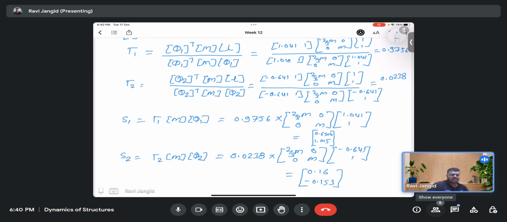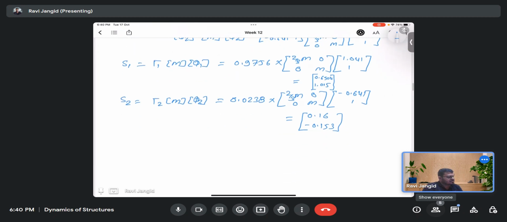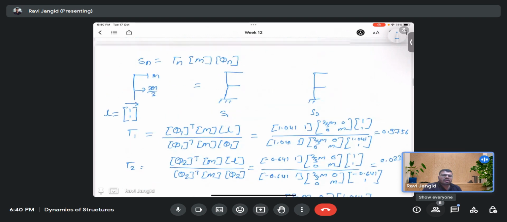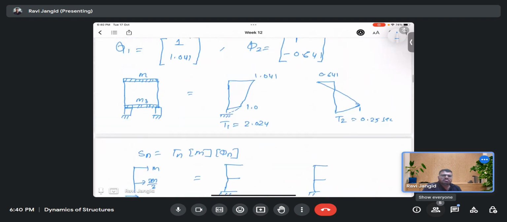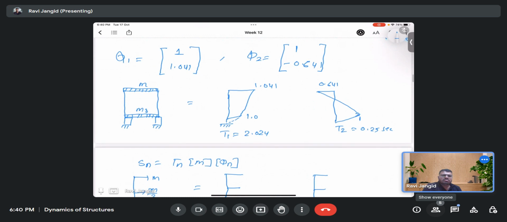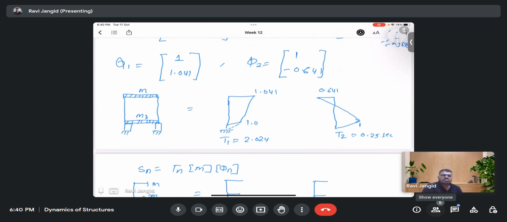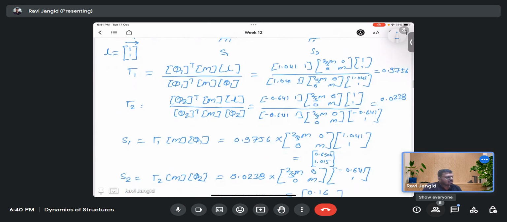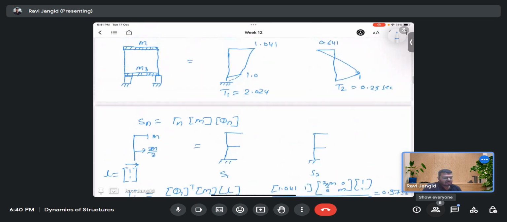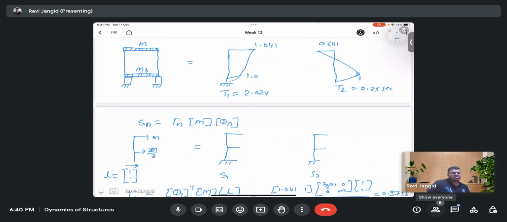Are you getting the same? There are eigenvectors, you have to change that. Eigenvector is the same. You are saying I have put it in the reverse. Yes, but those values are correct.